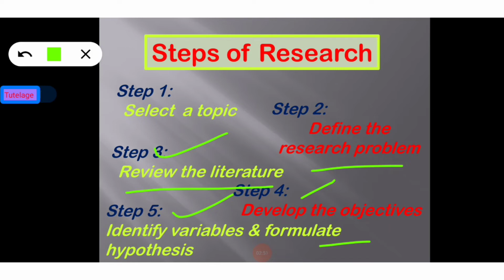So, today we will explain the different types of variables in my next slide. And we will explain the concept of hypothesis too, later. So now move on to the next slide.